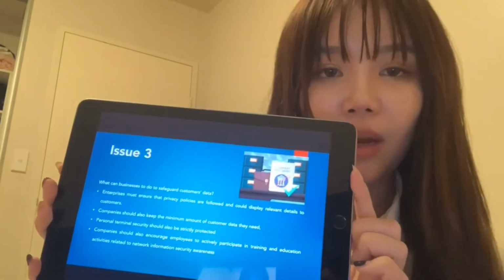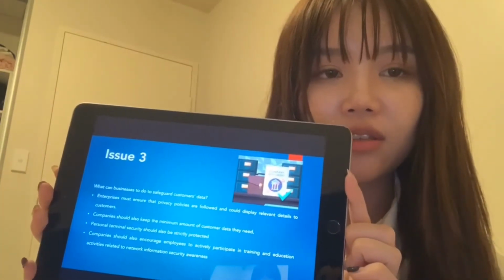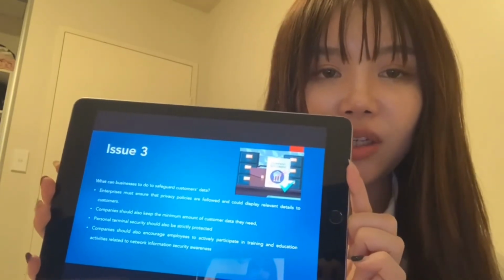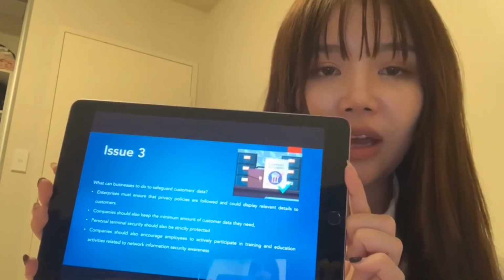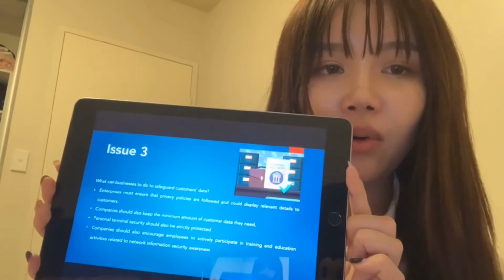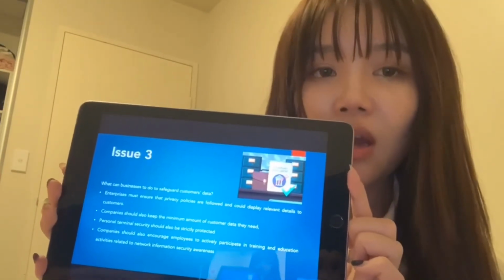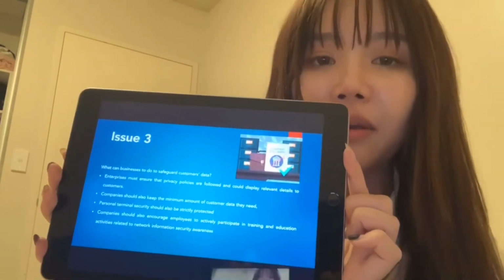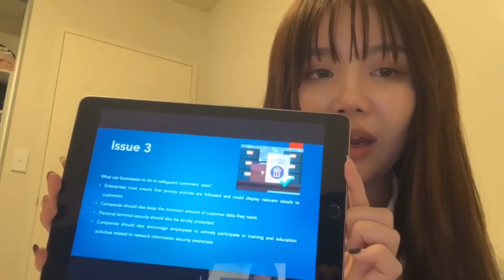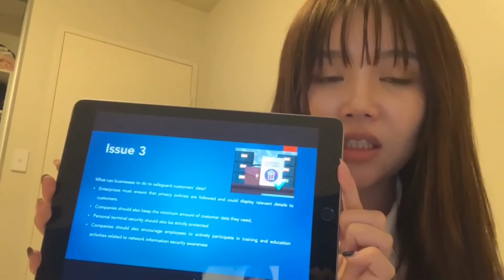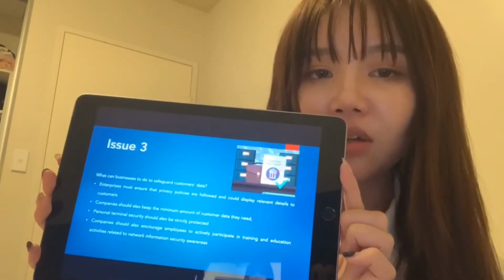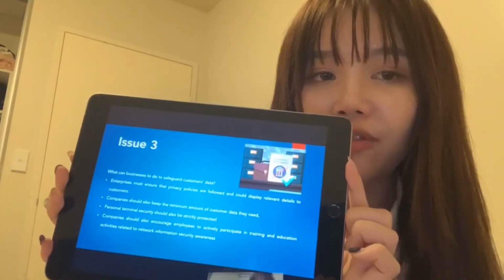Most companies should also encourage employees to take part in activities, particularly training and education activities related to network information security awareness, to understand the importance of protecting customer information and master the methods of protecting it.